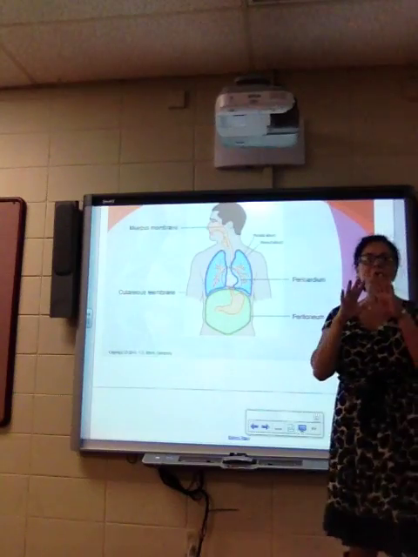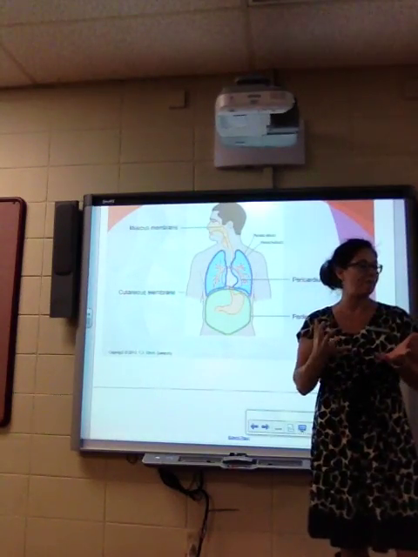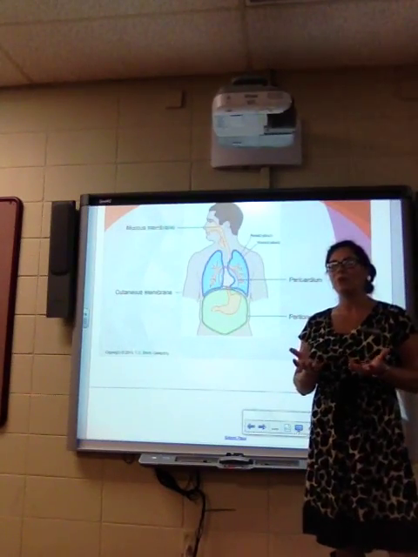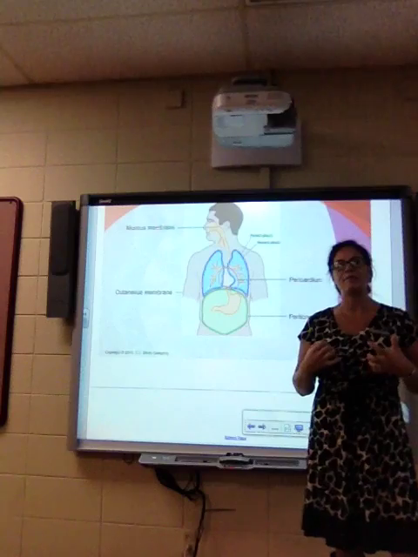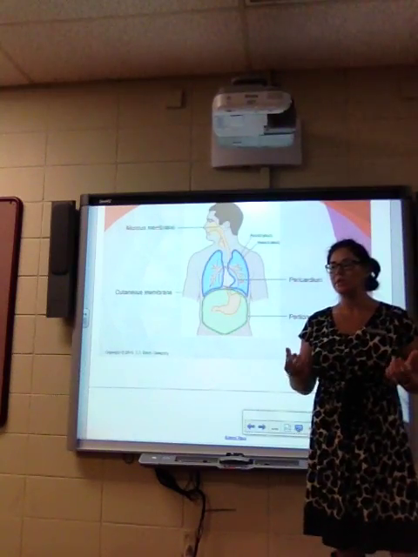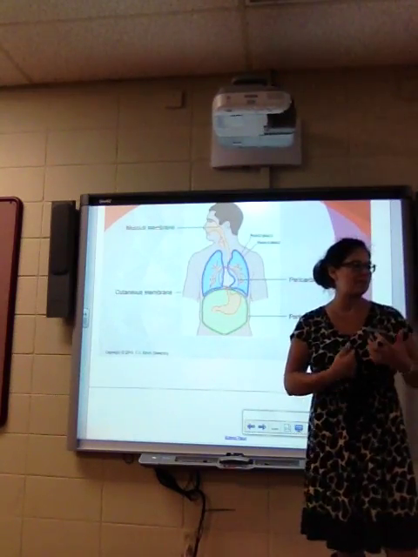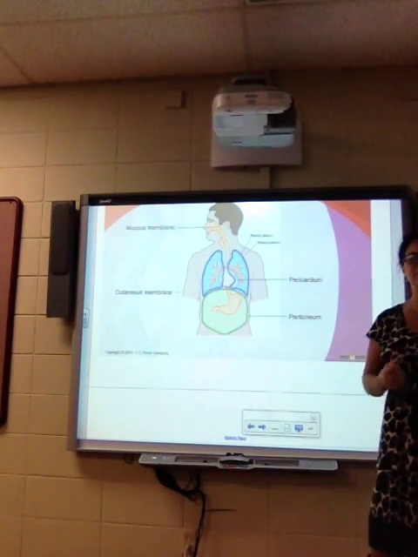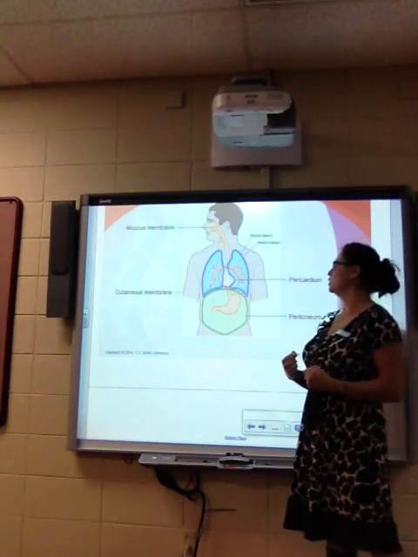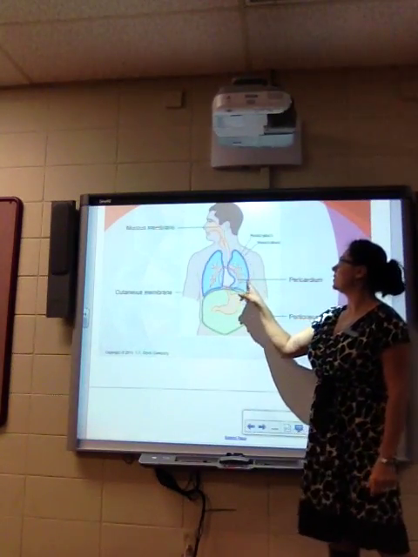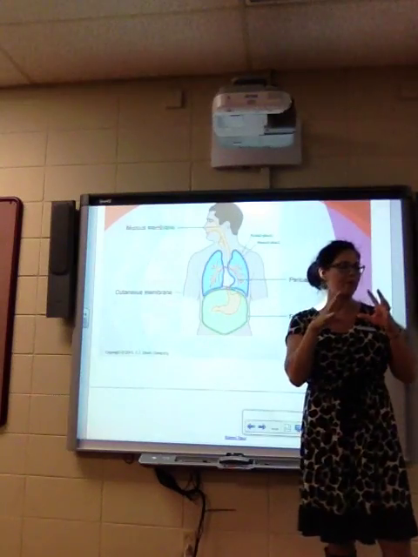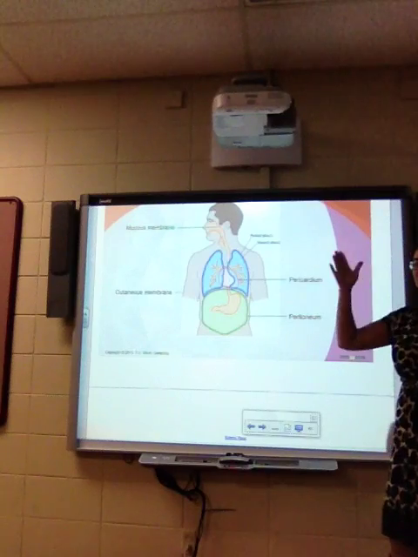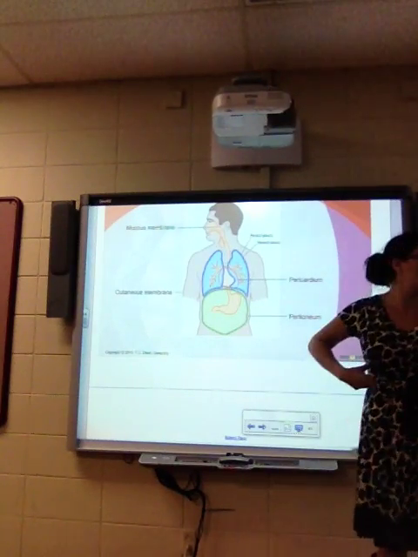Any type of membrane that sits on top of an organ is going to be called visceral. If you've ever read a book that says it gave me a visceral reaction, that means a gut reaction, like it made me physically ill to my stomach. That's visceral. It's a gut feeling. So visceral pleura means it's sitting right on top of the lungs, whereas parietal pleura is lining inside this thoracic cage, these ribs.